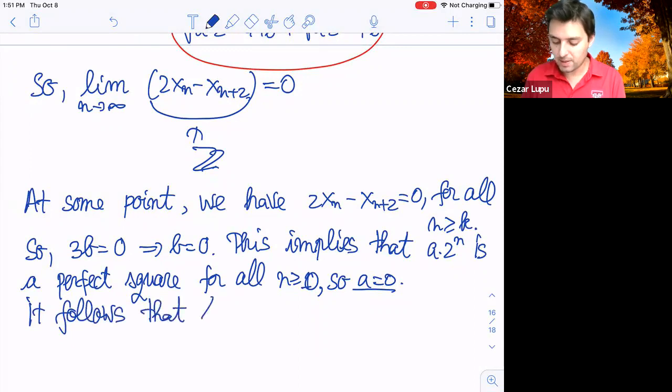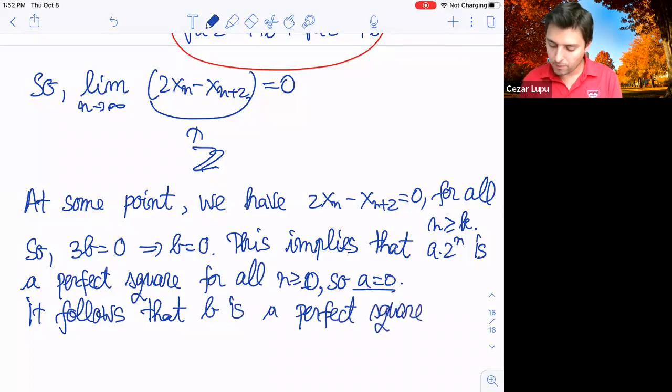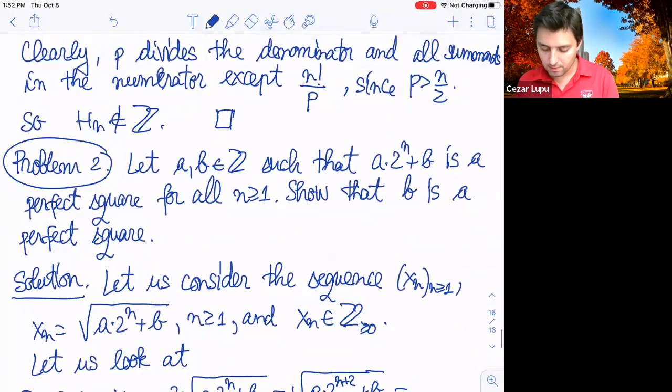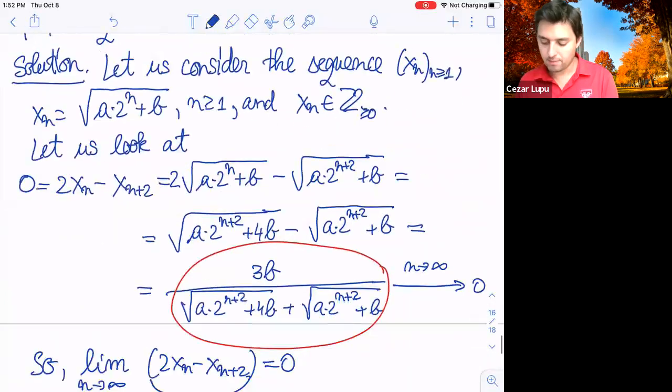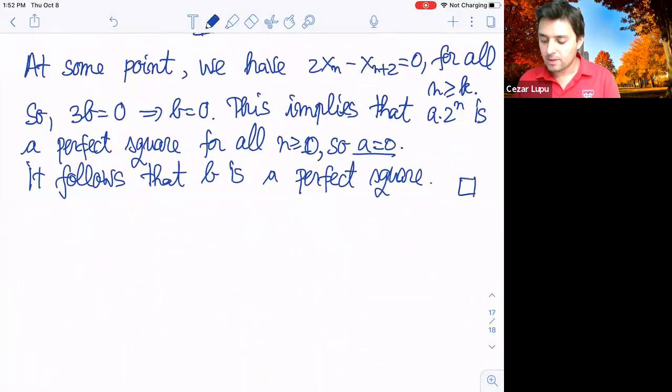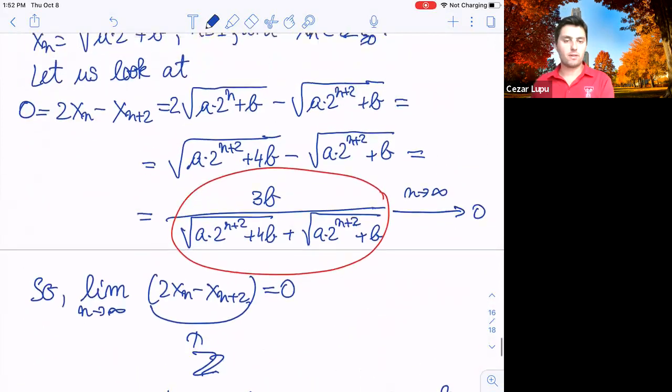All right, maybe I should have explained it a bit differently. It follows that B is a perfect square, right? This is what the statement was. Okay, maybe I should explain it a bit differently here.